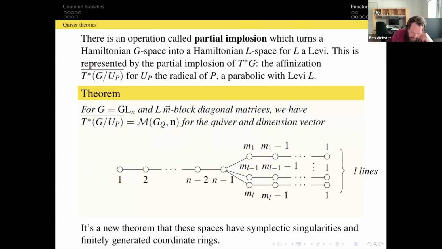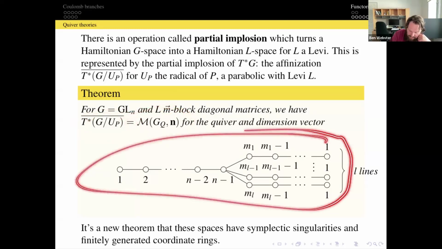All right, if we do this in the case of GL_n, and of course that means L is block matrices for some partition m, then it turns out that this affine closure of T*(G/U_P) is a Coulomb branch for a quiver gauge theory, and it's exactly this quiver.